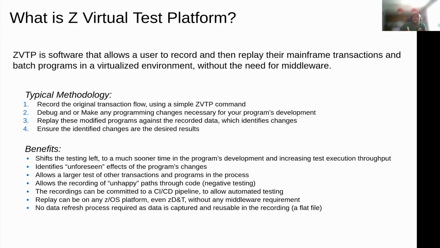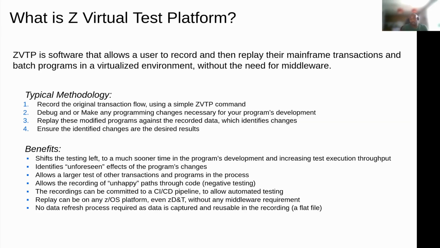Now, this capability might not work for all types of code changes, but for the ones that it does work, I can do more test execution throughput. I can identify unforeseen effects of my program change, right? So I've changed my one program, but then I can quickly see that, oh, that one program change has caused some unexpected behavior in program 2 or 3 or 4.